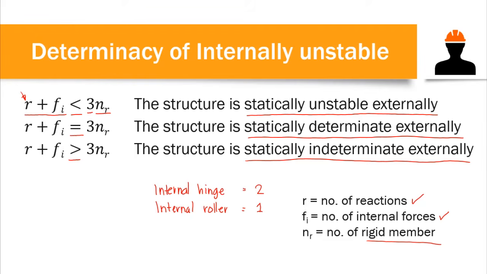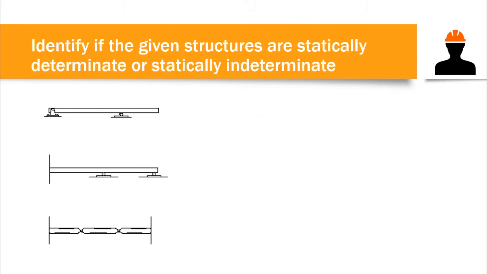Okay, so now let's try to solve problems. We identify if the given structures are statically determinate or statically indeterminate, and we also need to know the stability of these structures. We have this first problem, let's say that's our letter A. In this case, we do not have internal hinges within the beam.